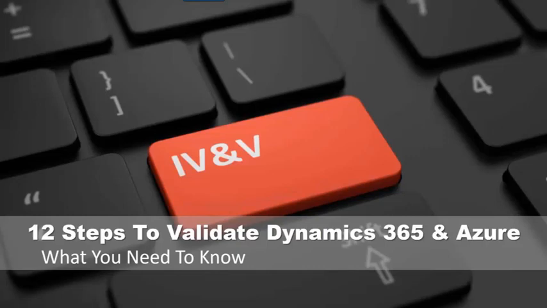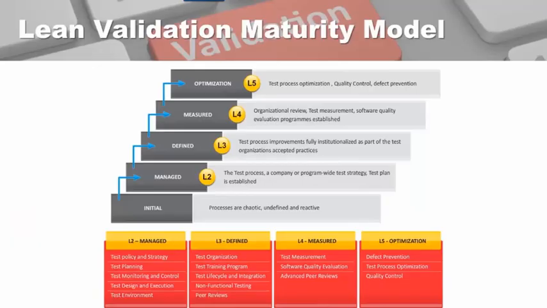First of all, I talked about in my CyQ discussion a few minutes ago the notion of lean validation maturity, or validation maturity when it comes to cybersecurity. If you look at the validation maturity model, companies are at one point or another on the spectrum from initial validation maturity to an optimized level 5 validation process.